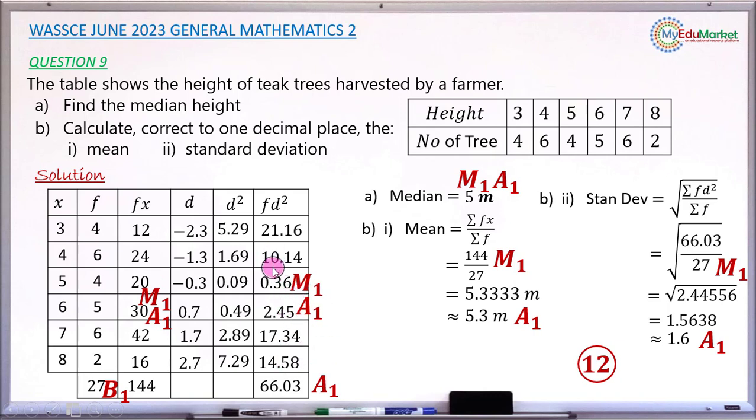And summing this f d square exactly to get 66.03, you have this accuracy 1 mark. And substituting in the formula your summation f d square and your summation f correctly, you have this method 1 mark. And when you now have the value of standard deviation exactly 1.6 accurately, you have this accuracy 1 mark. So in total, this question has 12 marks.